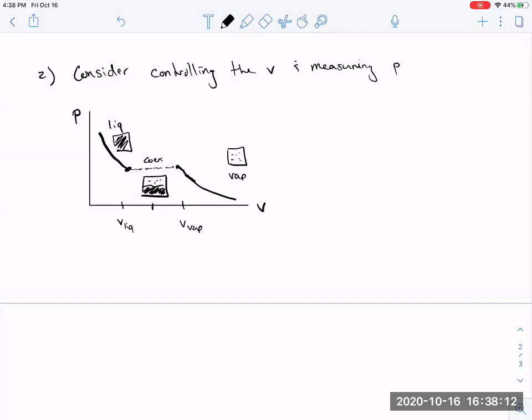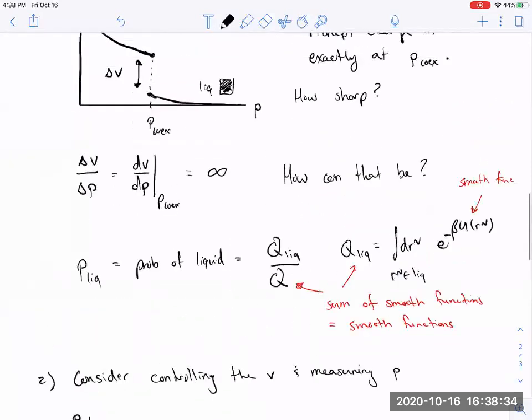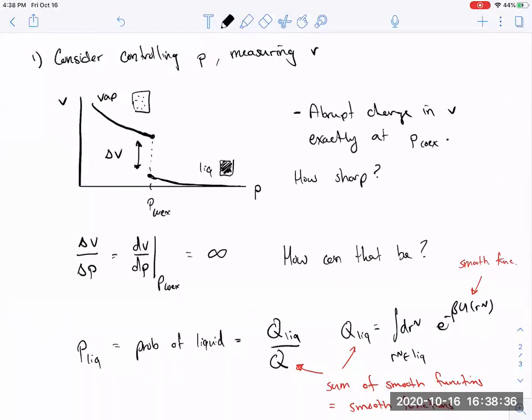All right, this all seems relatively straightforward until we recognize that by doing this experiment, controlling the volume and measuring the pressure, we have accessed a state, this coexistence state, which we could not access in the other experiment. So if we went back up here, by controlling the pressure, I hop immediately from the vapor to the liquid.